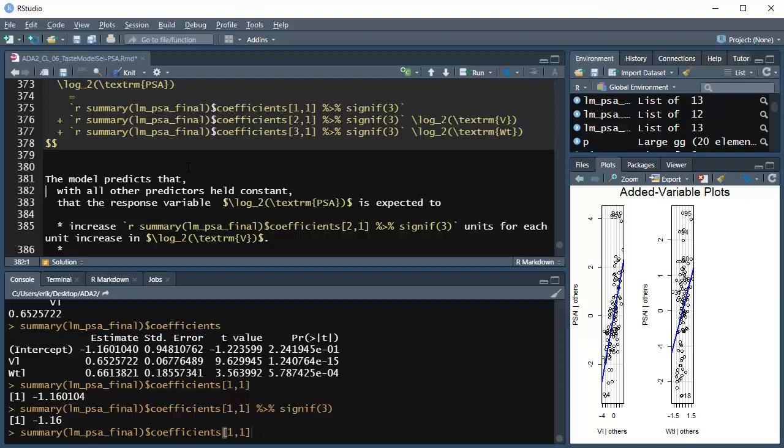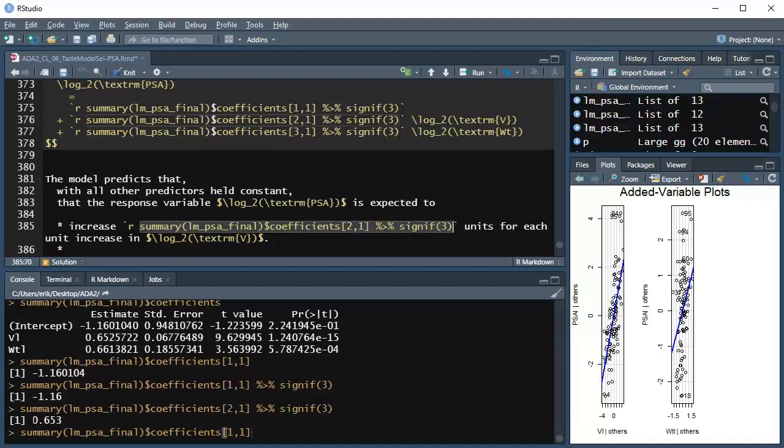The model predicts that with all other predictor variables held constant, the response variable, log 2 of PSA, is expected to increase by, if we highlight and run that command, we get 0.653 units for each unit increase in the log 2 of the volume.